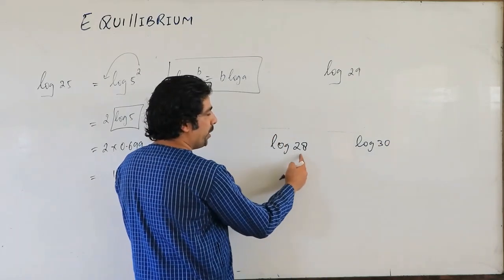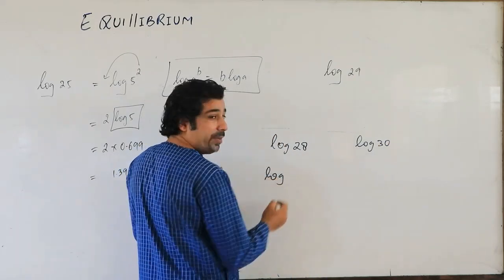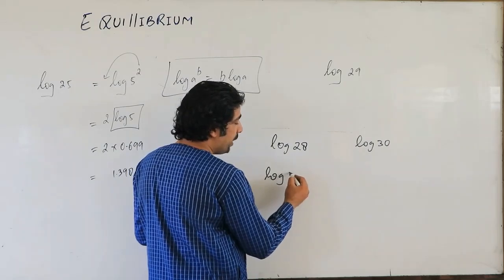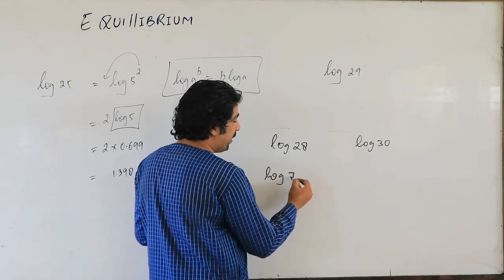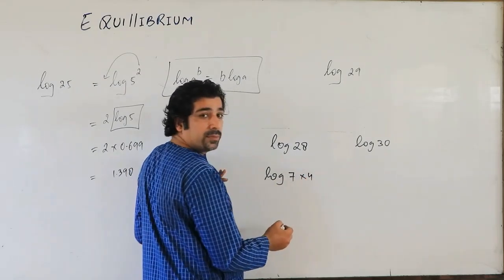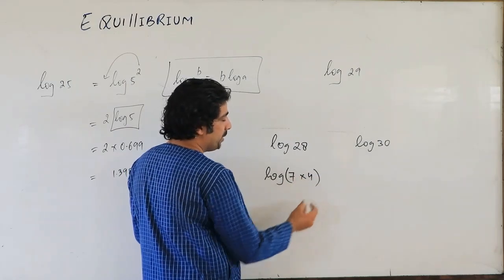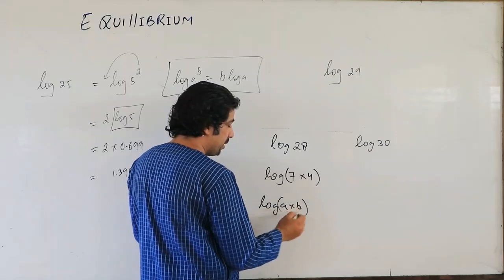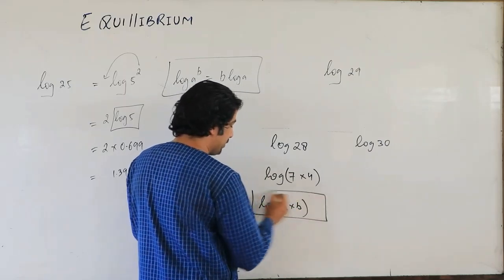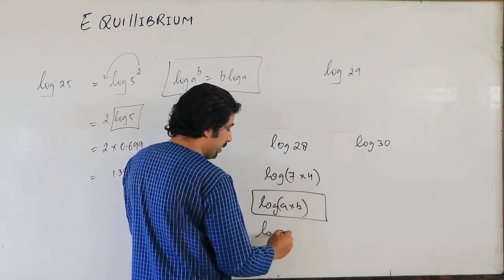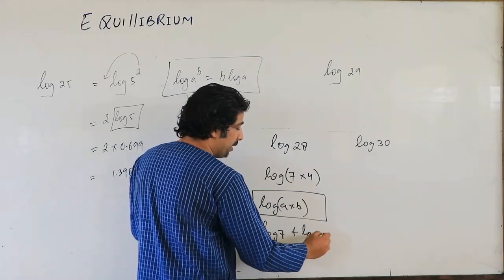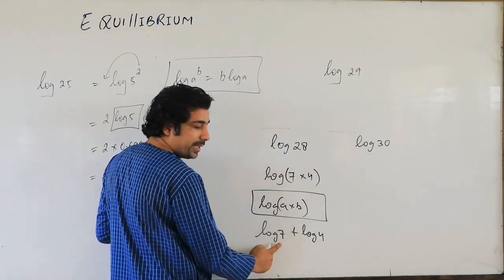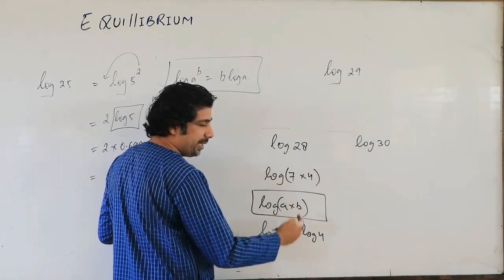What will be log 28, my dear friends? If I talk about here, 7 into 4, it will become log A into B. So you can write it as log A plus log B. And you are knowing the value of log 7 and log 4, so you can easily calculate this thing.